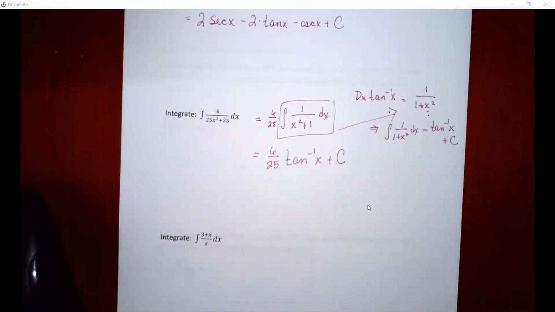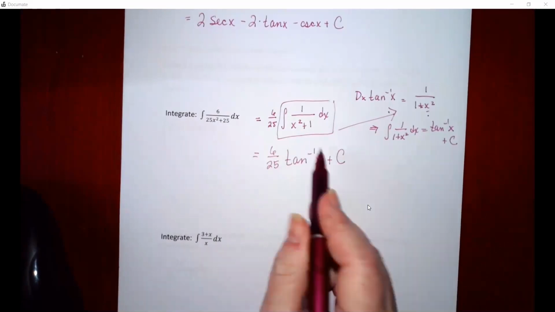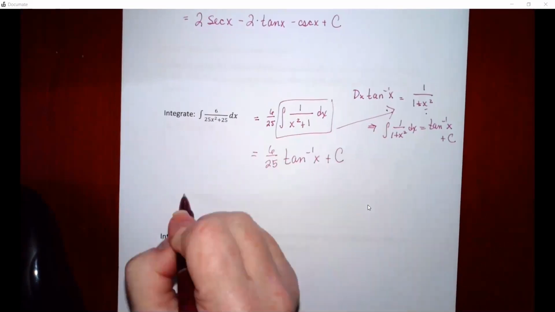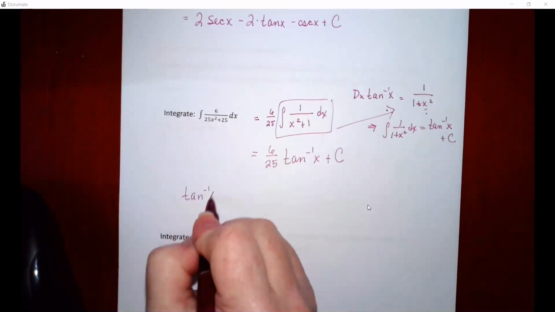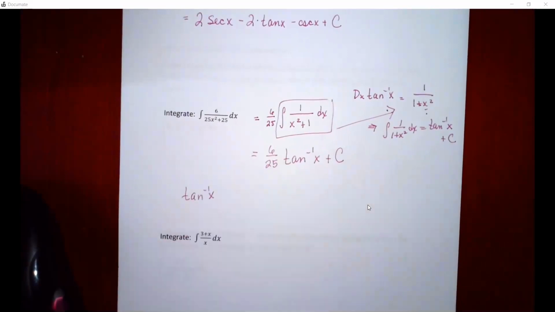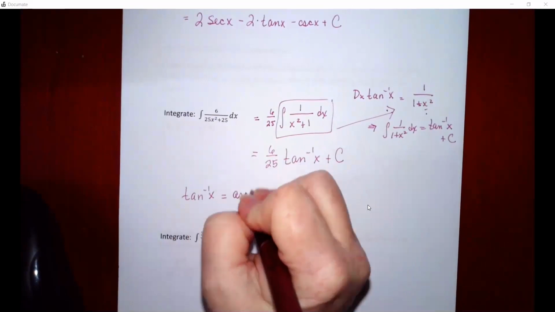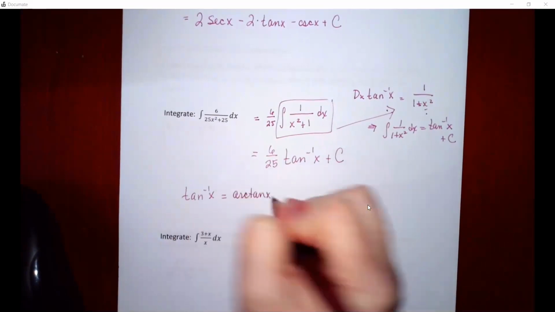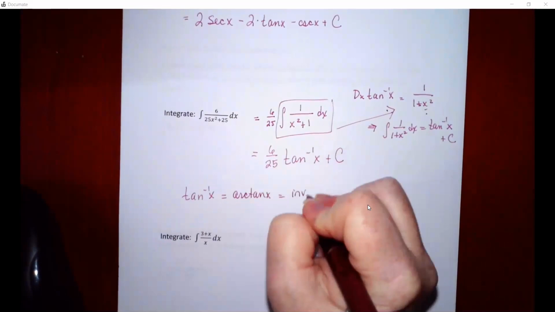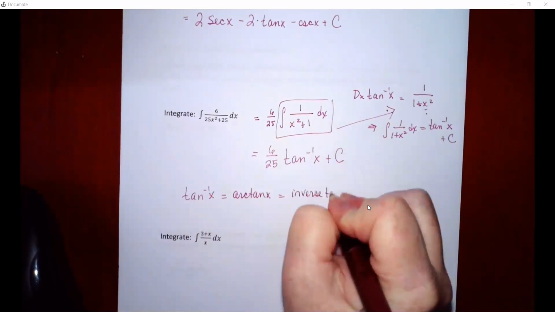Remember, because we have reciprocal functions for every trig function. When you see that -1 with a trig function, when the -1 is in the place of the exponent, that's the arc tangent of x, or the inverse tangent of x.